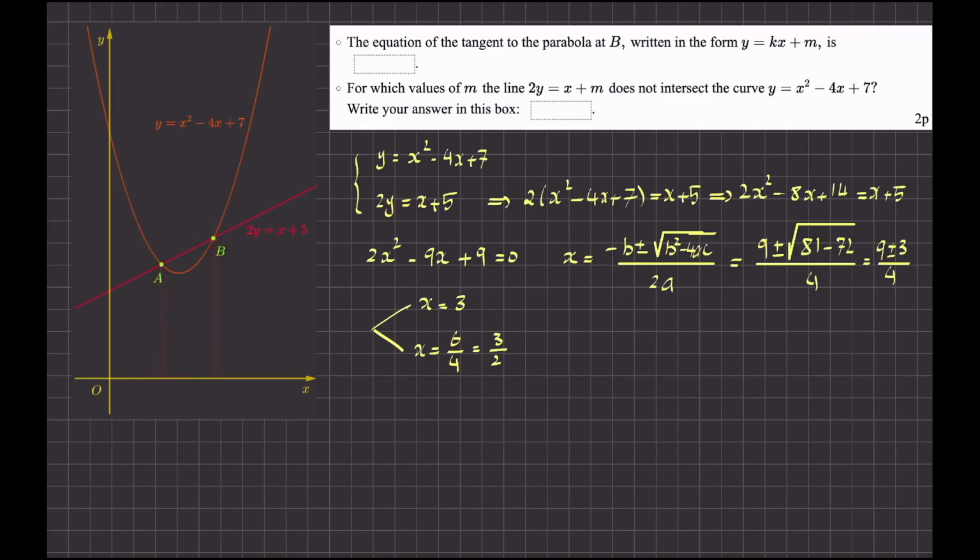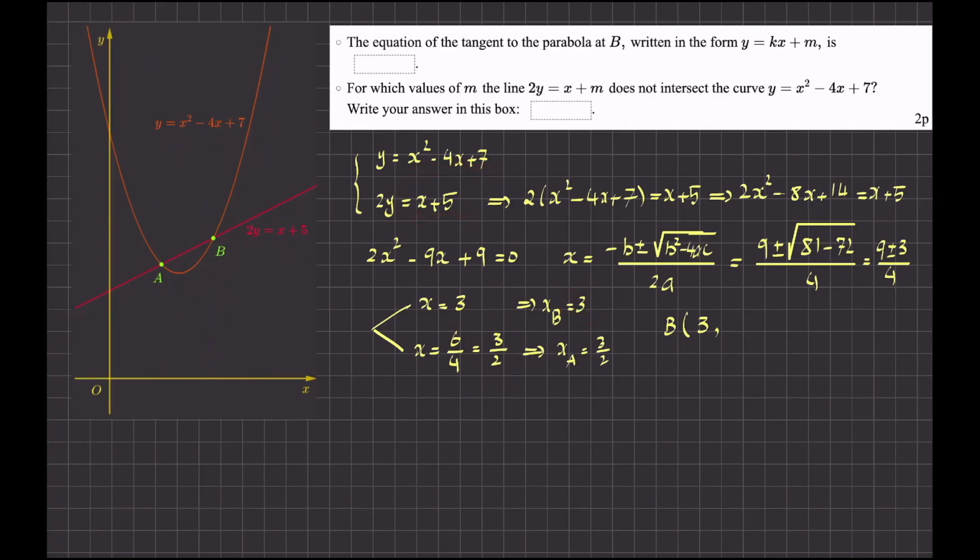So which one is which? It is very clear because A is on the left hand side, so this is the x coordinate of point A, which we don't want here because we want to draw the tangent line at point B. Okay, so this is the x coordinate of point B, sorry, and this is the x coordinate of point A. But we don't need the point A, we just work on point B. So if I ask you what are the coordinates of point B, of course the x coordinate is 3, and if you want to find the y coordinate, you take 3, put it here, find y, or you take 3, put it here, find y.